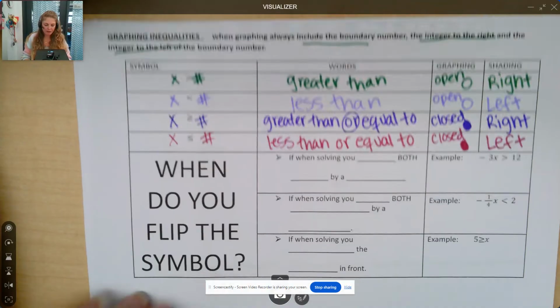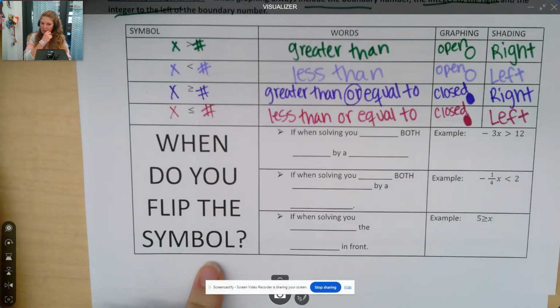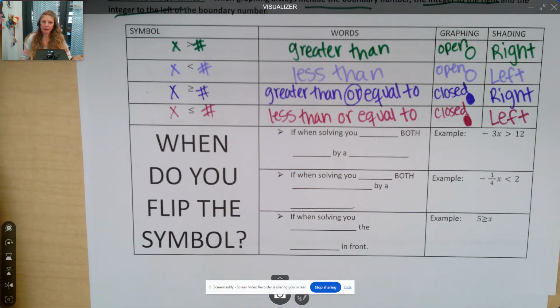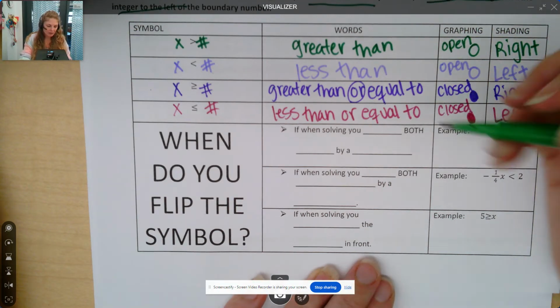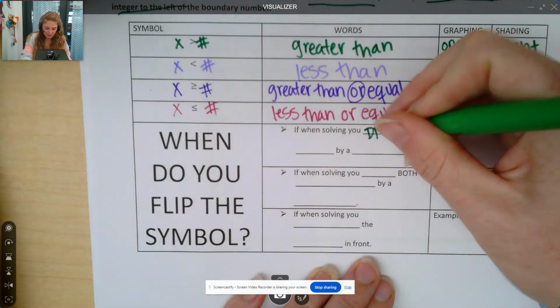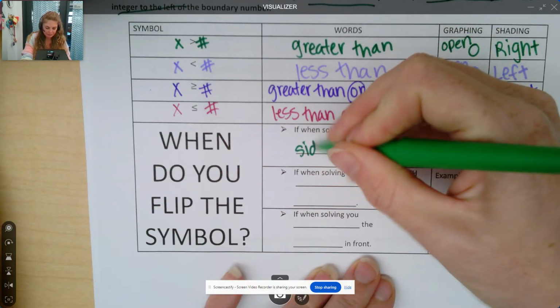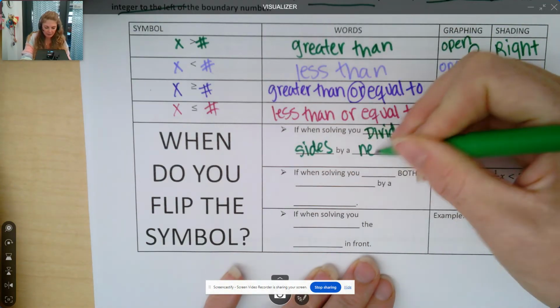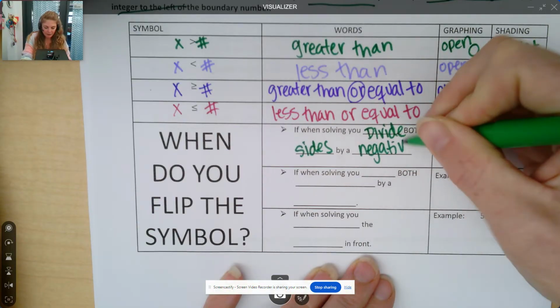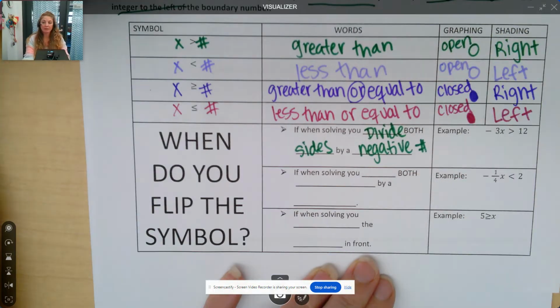Perfect. So when do you flip the symbol? Really important, remember, if you multiply or divide by a negative number, it makes the relationship the opposite. So your inequality symbol must flip. If when solving you divide both sides by a negative value or number, you need to flip the symbol.